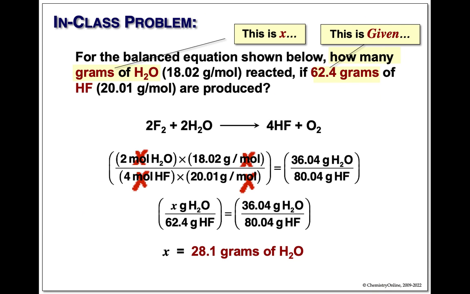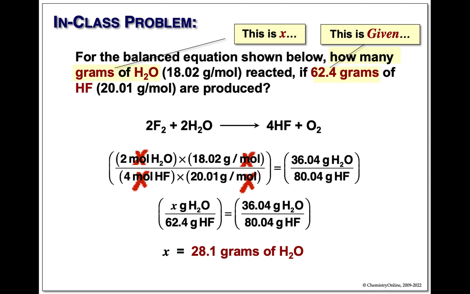Once again, this is called a mass ratio. You make it simply by taking the stoichiometric coefficients, 2 and 4, and multiplying by the molar mass. Any questions?